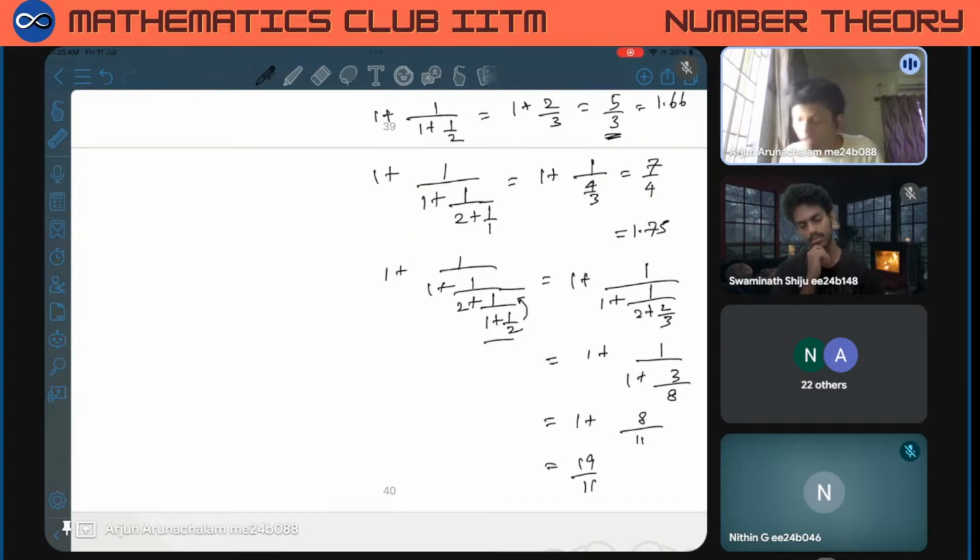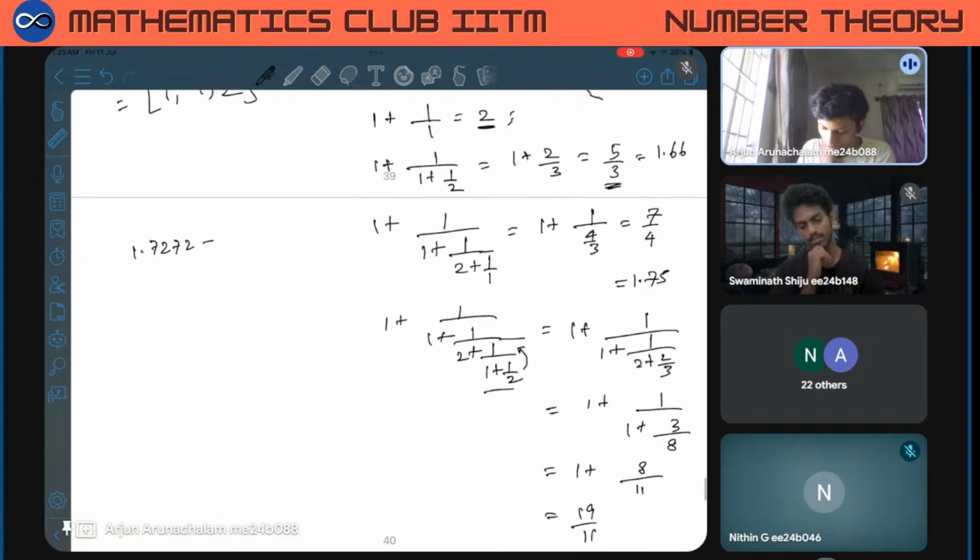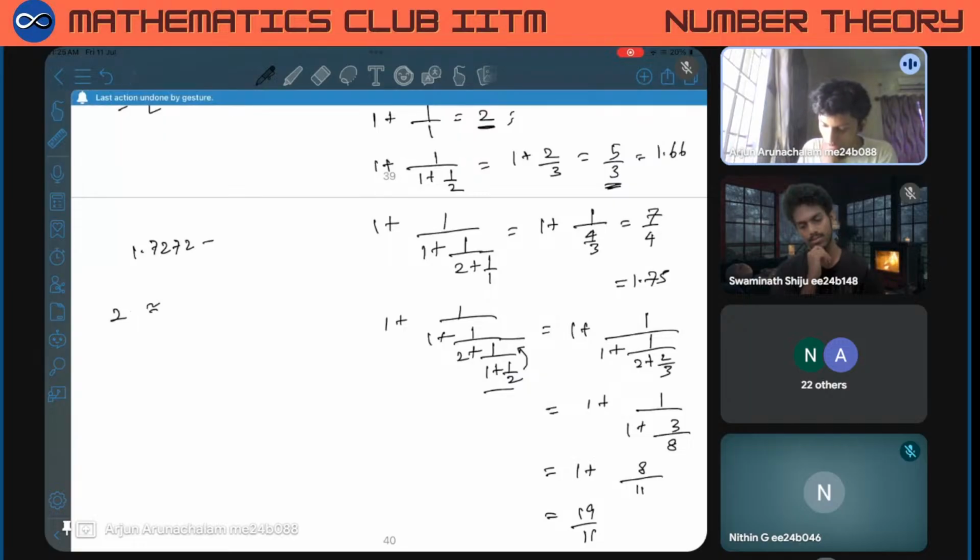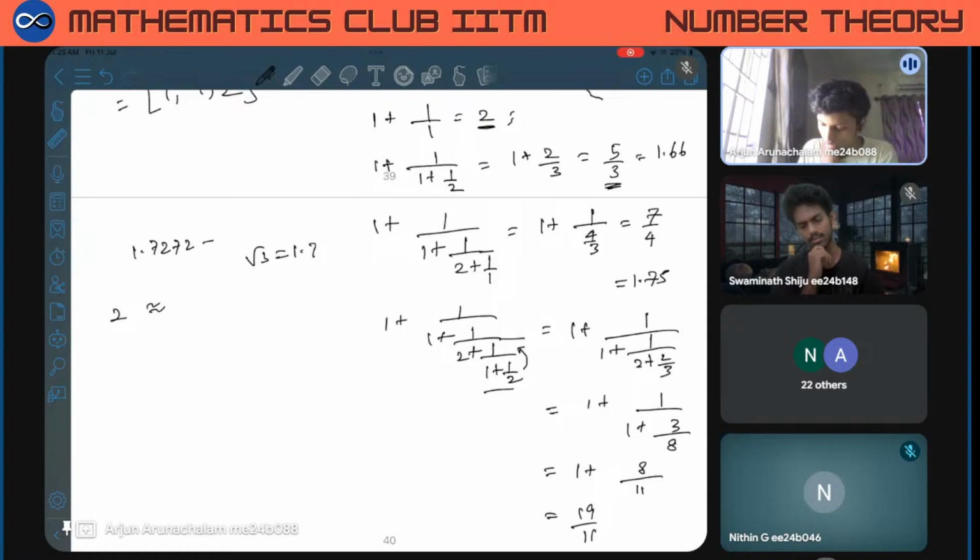Okay, yeah, this is 19 by 11. Sorry, this is 19 by 11. So 19 by 11 is 1.7272. Root 3 is 1.732, and so on.